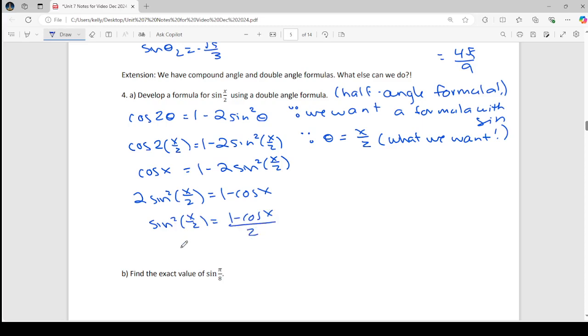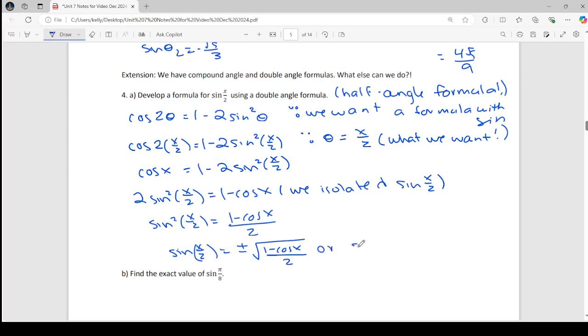Okay, and then let's take the positive or negative root of both sides. Okay, and so there isn't actually any way we can clean this up. We can't take the root of 2 terms. But what we did is we isolated the sine of x over 2.